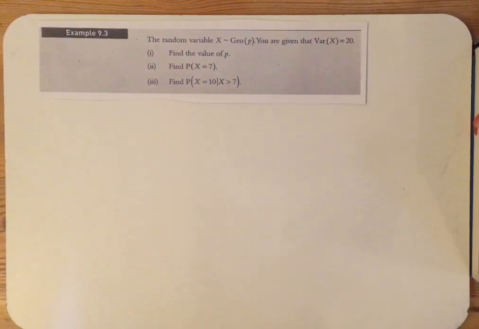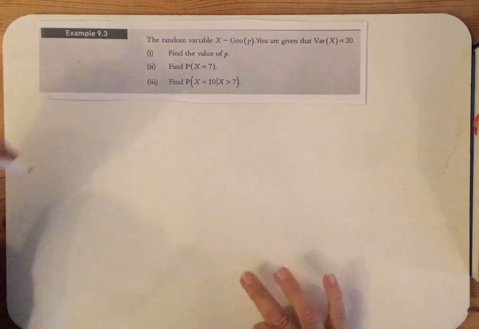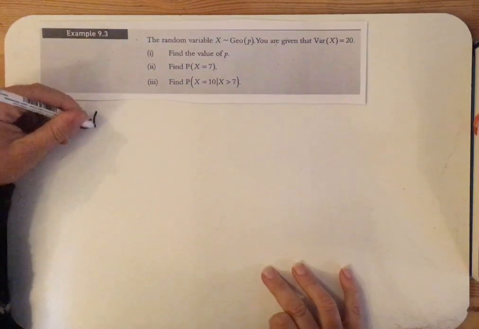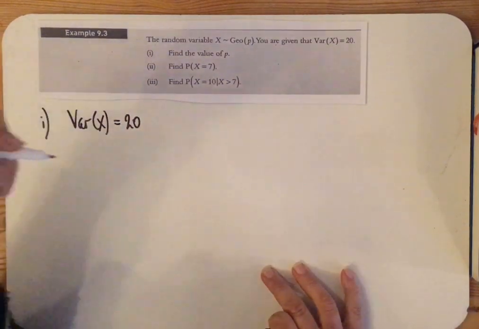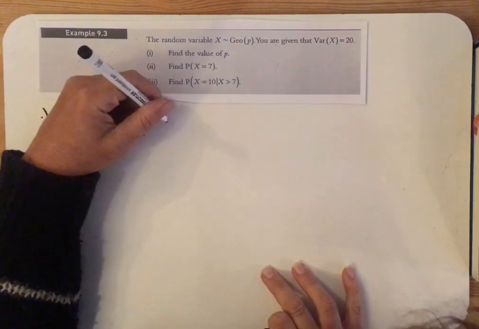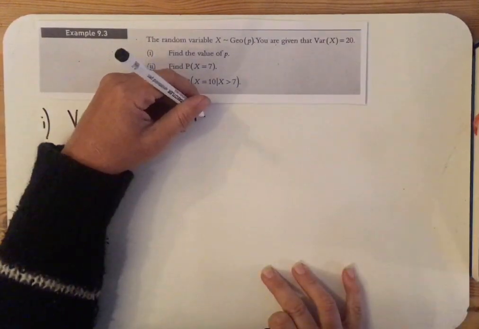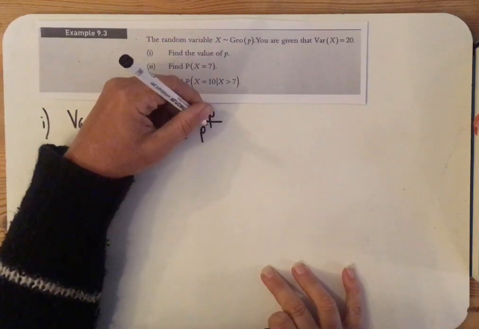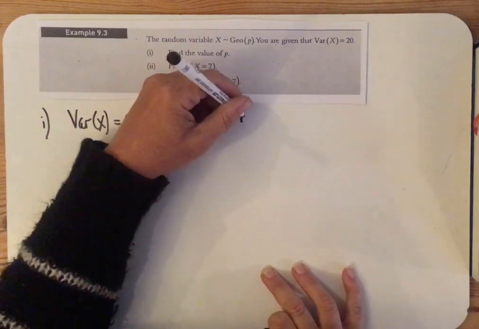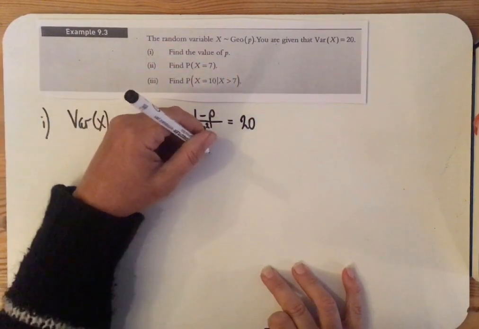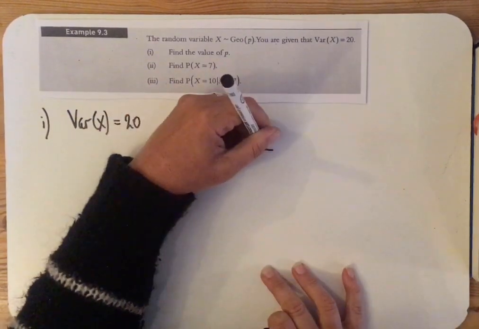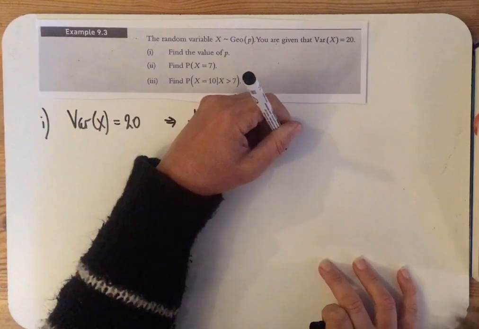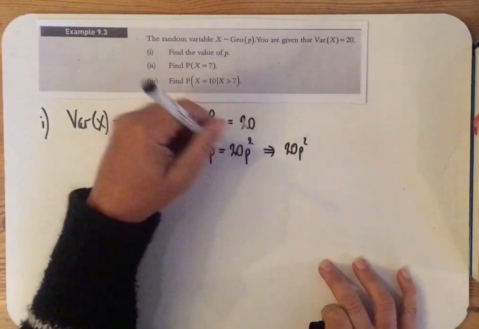Right, example 9.3. X is geometric P, and we know the variance of X is 20. First thing is to find P. So variance of X is 1 minus P over P squared, which is 20, and then we end up with a quadratic in P. And so you get 20p squared plus p minus 1.